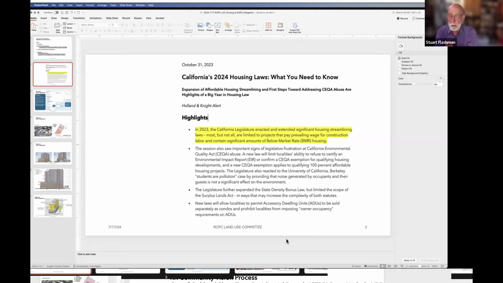And likewise, there is less and less tolerance of any discretion on local authorities as to what they approve, because the legislature believes that a lot of jurisdictions are digging in their heels and refusing to approve projects that the legislature believes ought to be approved. And so they're basically taking the discretion out of the housing approval process, saying the only thing you get to say is whether it meets objective standards.